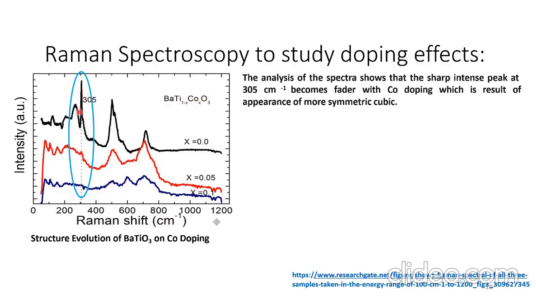If you see, the analysis of the spectra shows the sharp intense peak at 305 becomes fainter with the cobalt doping, which is the result of the appearance of a more symmetric cube. So the structure of the crystal can be checked with the help of this Raman spectroscopy, and doping effects can be checked.